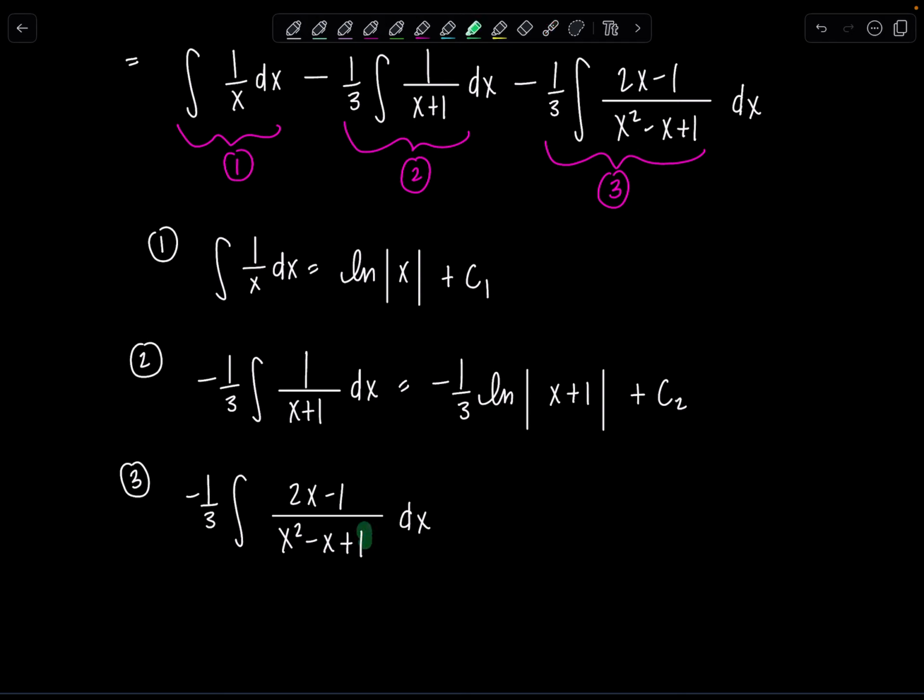So if I let the whole denominator be u, watch this, let u equal x squared minus x plus 1. What's du? That's right, it's 2x minus 1 dx. That's exactly what we have in the numerator.